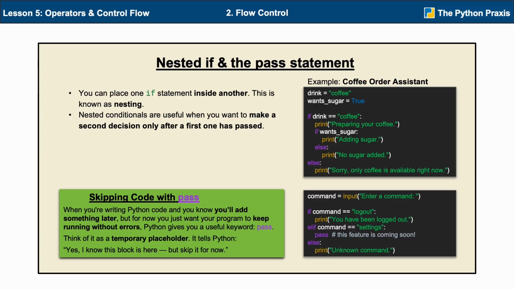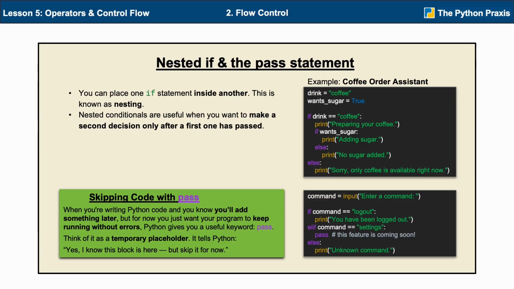In the example of the coffee order assistant, we have an if-else condition that checks if the drink is coffee and prints the necessary message each time. In case the drink is coffee, it prints the message, preparing your coffee. In case the drink is not coffee, which means that the if condition is false, it prints the message, sorry, only coffee is available right now.